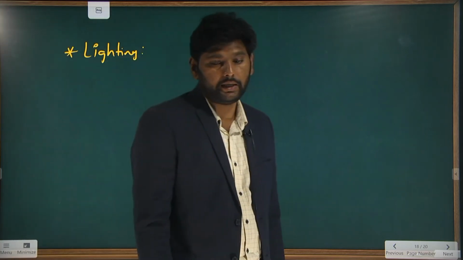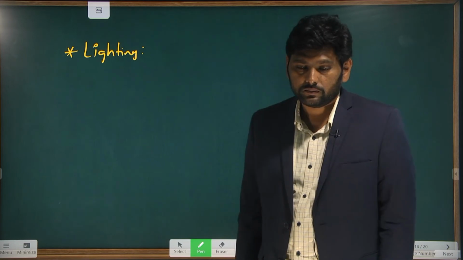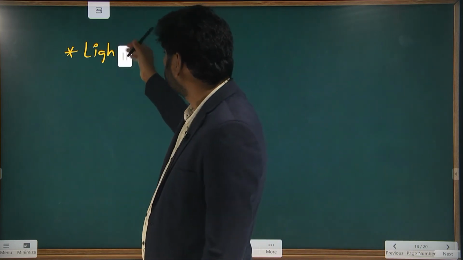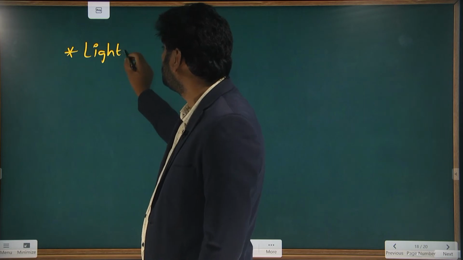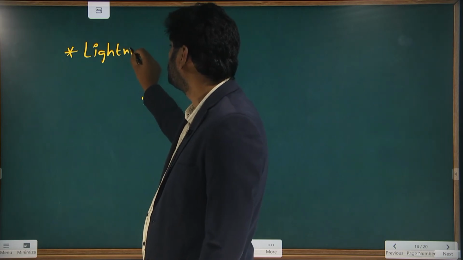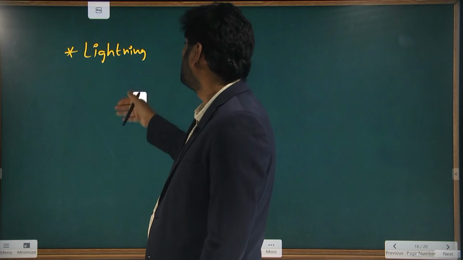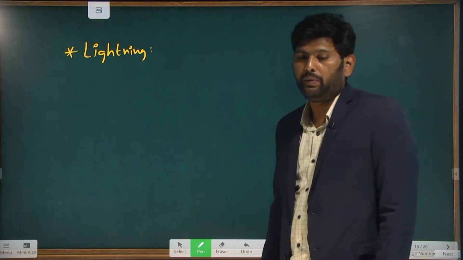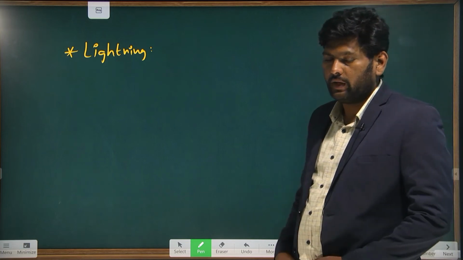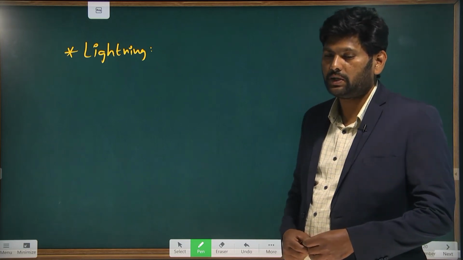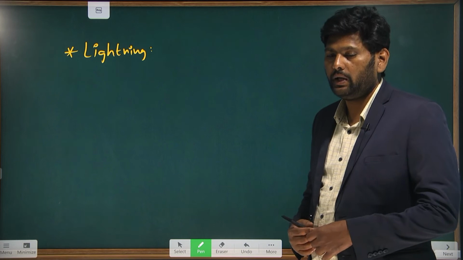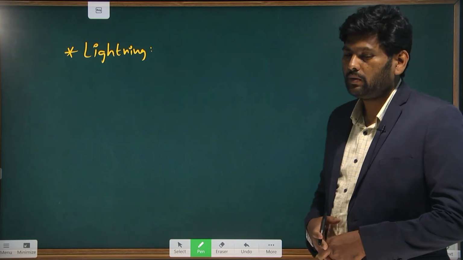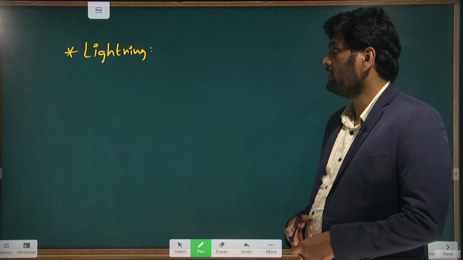What is lightning? See here, lightning generally happens across storms; even in the rainy season we observe this lightning mostly. So what is this lightning? Why are we having this lightning?